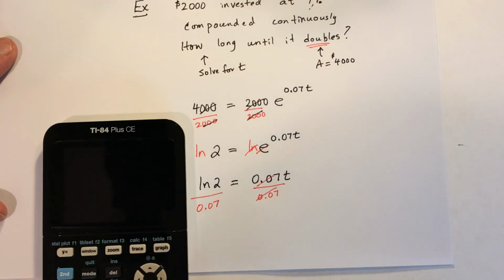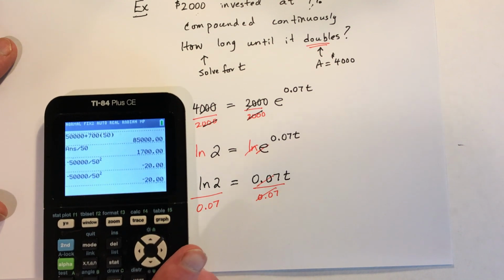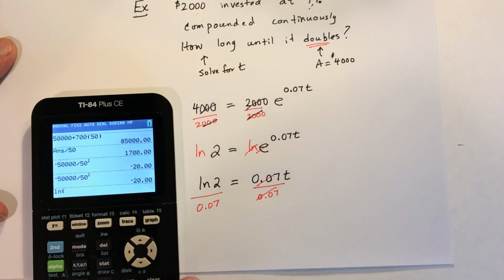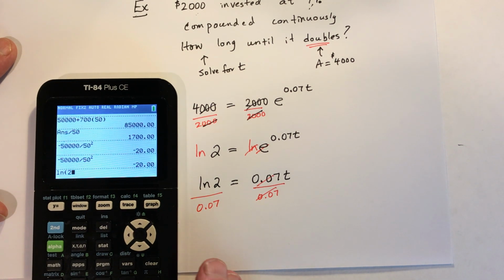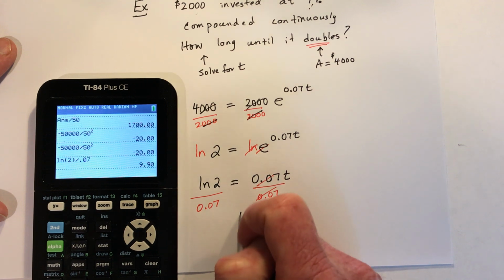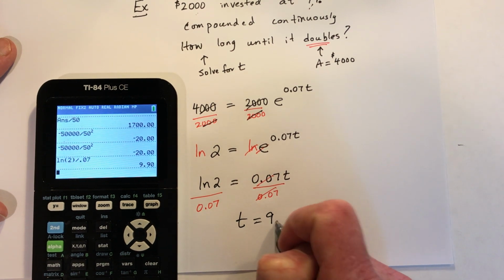And yes, I would like to use a calculator for the natural log of 2. So don't forget natural log is over here, the one that says ln. So ln of 2 divided by 0.07. And it says that it's going to take 9.9 years.